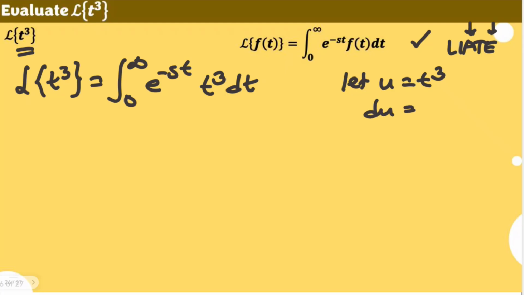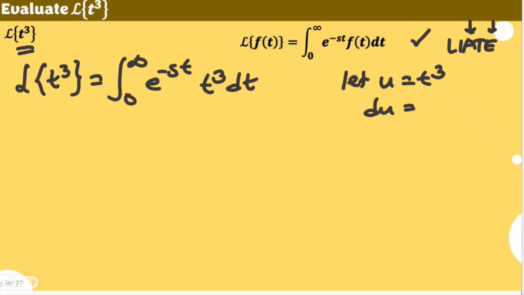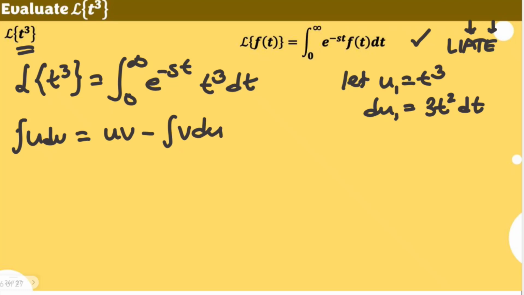Therefore, your du is identified as 3t squared dt. As mentioned earlier, we will probably be doing this multiple times, so let's also use subscript 1. Since the integral of u dv is equivalent to uv minus the integral of v du, and we used u for t cubed, the remaining expression e to the power of negative st dt is our dv.